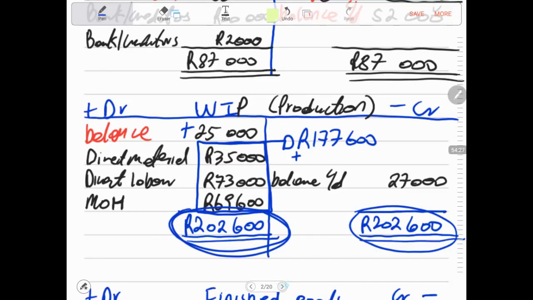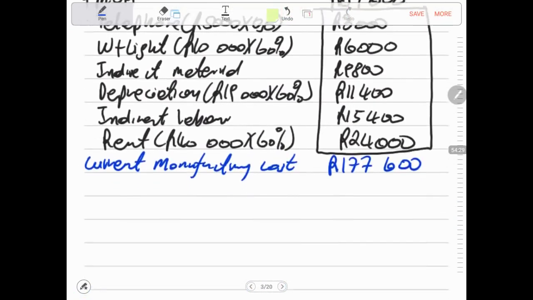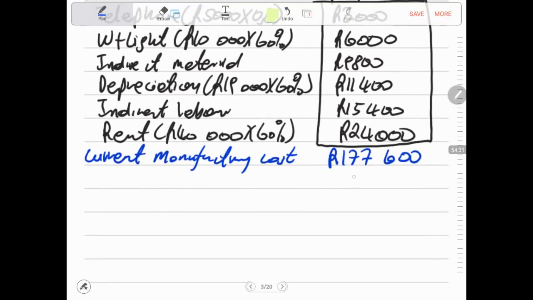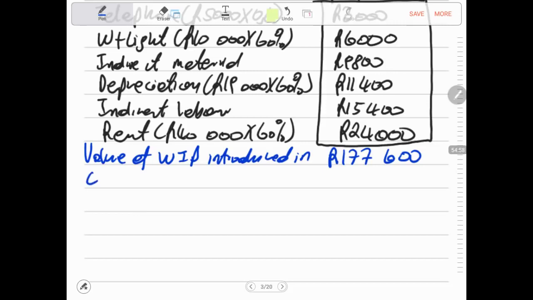So the 25,000 is not yet included in this current manufacturing cost, meaning the cost of manufacturing that was introduced during the current year, or the value of the work in process in simple terms. Let me just use that term, current value of work in process, or value of work in process introduced in current year.